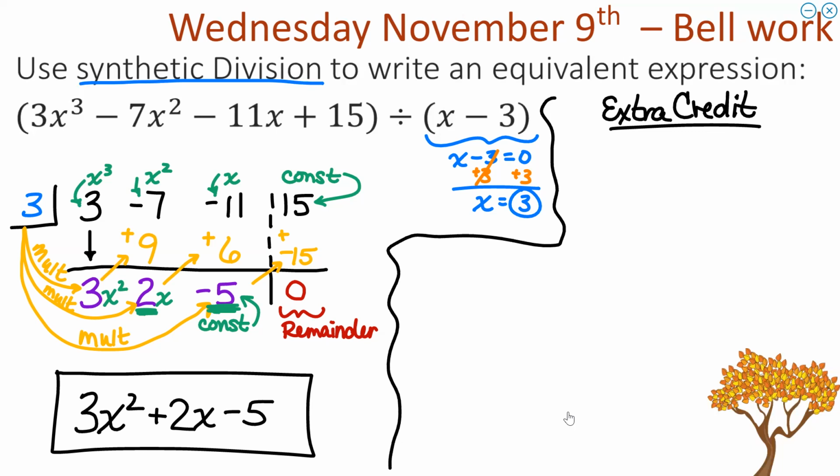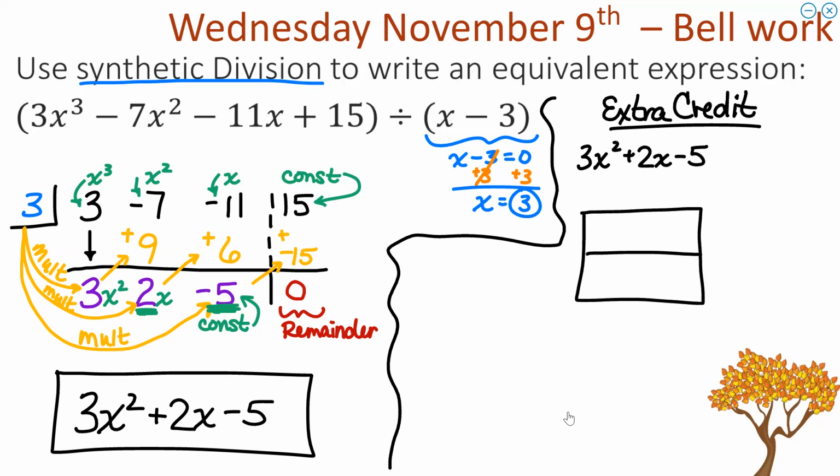So I would take that 3x squared plus 2x minus 5. If I'm going to factor this, I'm going to need a box, an area model, and I'm going to need an x. What do I put here? 3x squared.